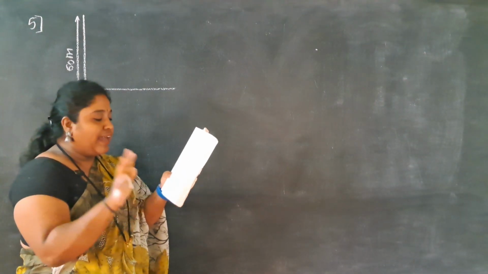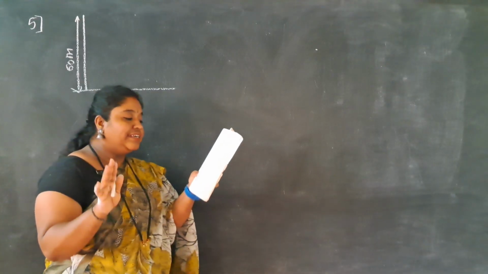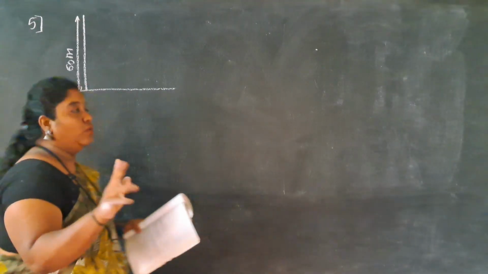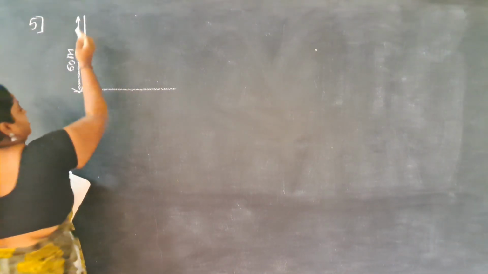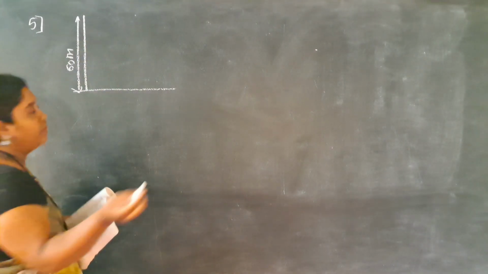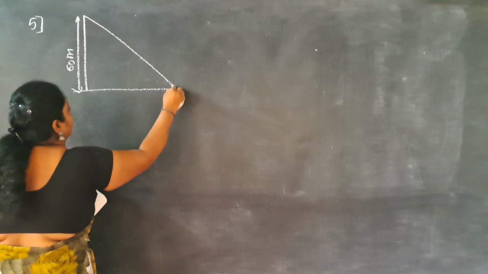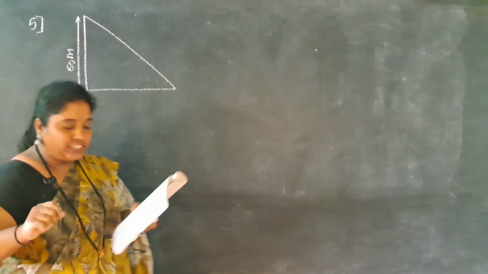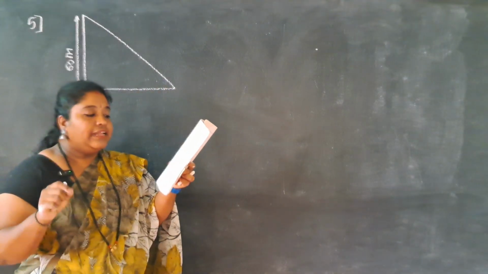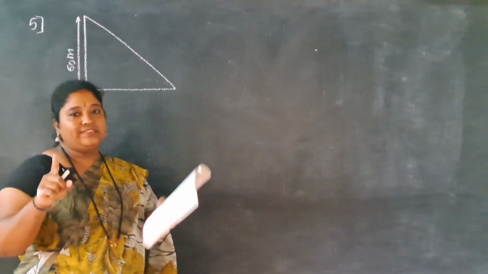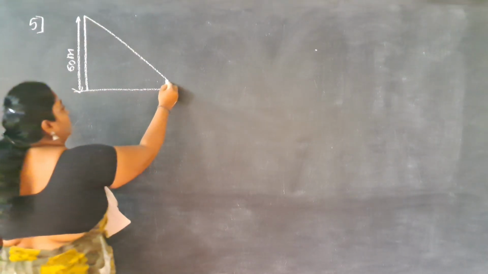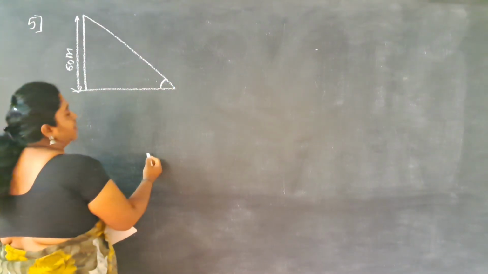The string attached to the kite is temporarily tied to a point on the ground. Since this is a kite, the kite is always connected with a string and that string is connected to the ground. The inclination of the string with the ground is 60 degree. Now they have given you the inclination angle.